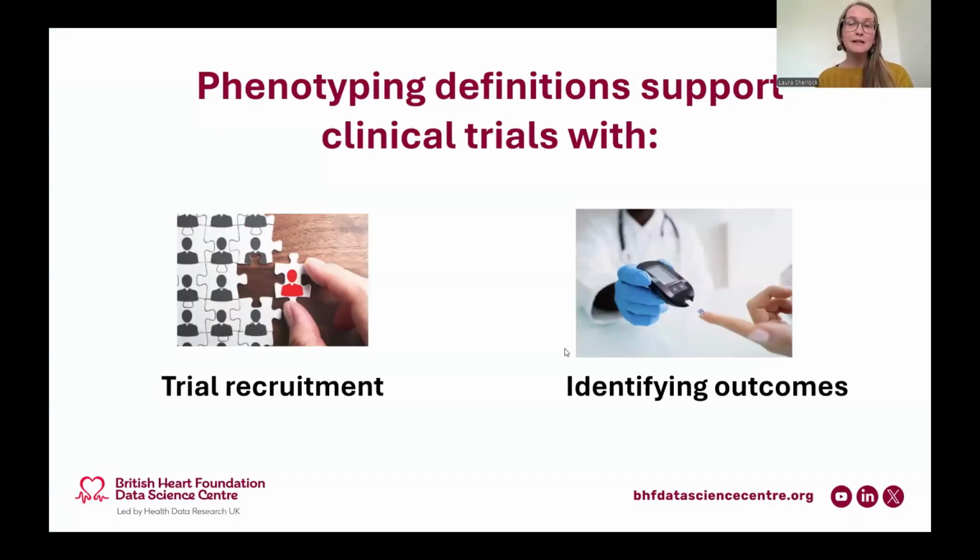This kind of phenotyping work can help overcome two major challenges in clinical trials. Firstly, finding participants who are actually eligible for the trial, and secondly, following them up to determine if an outcome has occurred or not. As you may have heard, recruitment to clinical trials can be very difficult for many reasons. It's hard to find large enough numbers, and that's even harder for rare diseases or underserved groups.